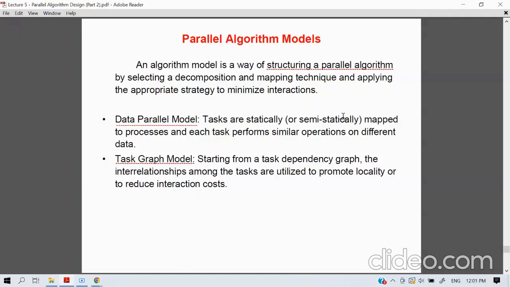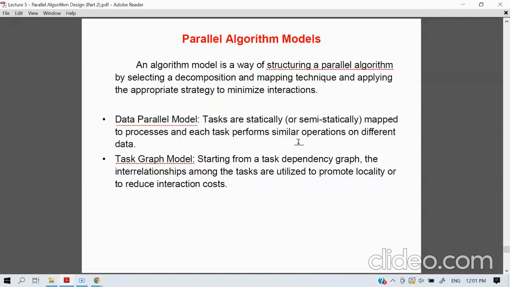The first model is called the data parallel model. It is focused on data. You might use this kind of model when your tasks are static or semi-static and then mapped to the processes, and each task performs a similar operation.